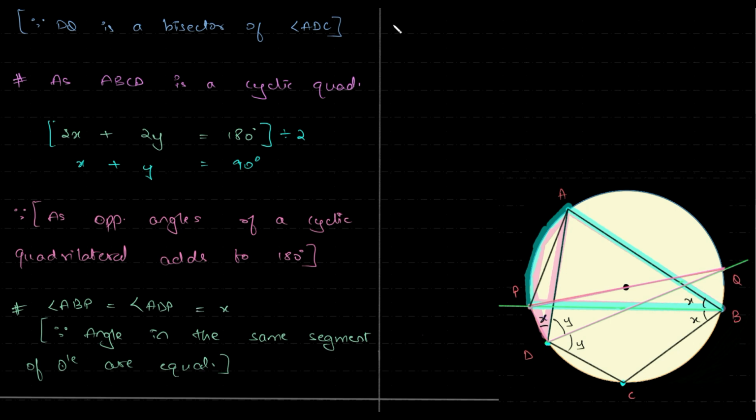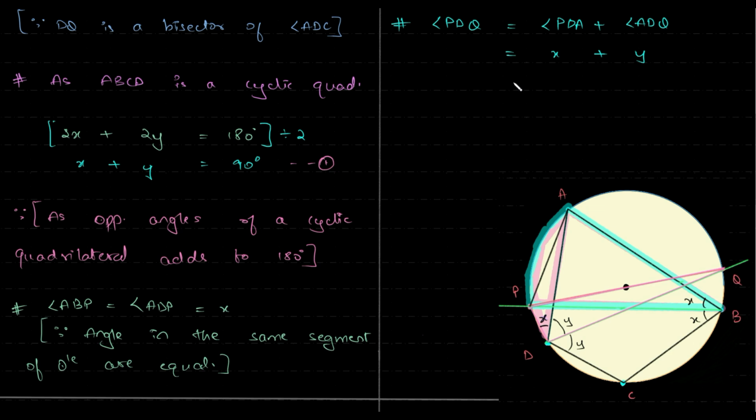And now finally we have angle PDQ, which is made up of angle PDA plus angle ADQ. So this is x plus y. But from 1, what do we have? Clearly from 1 we have the following.